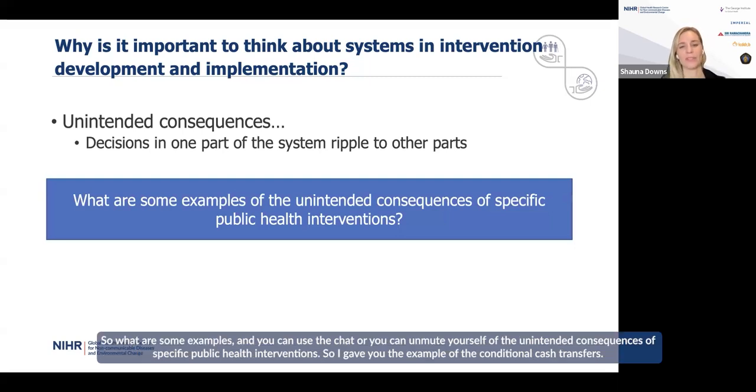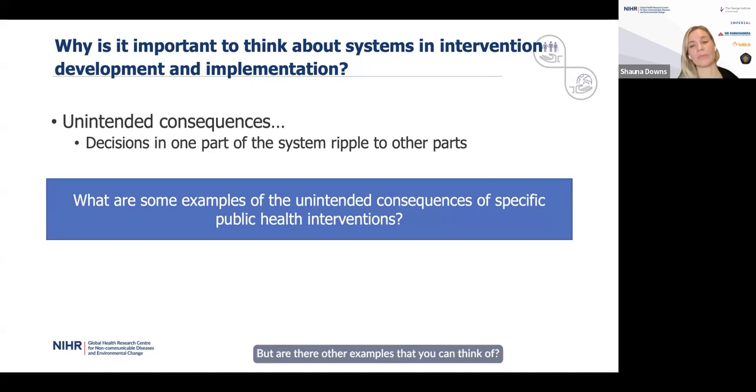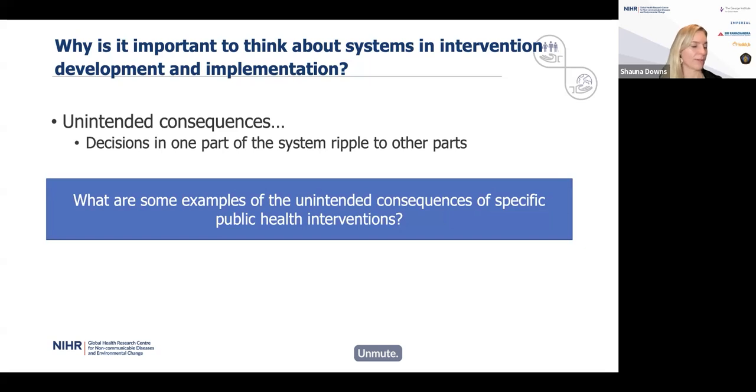So what are some examples of unintended consequences of specific public health interventions? You can use the chat or unmute yourself. I gave you the example of the conditional cash transfers, but are there other examples you can think of? You can put them in the chat or unmute.